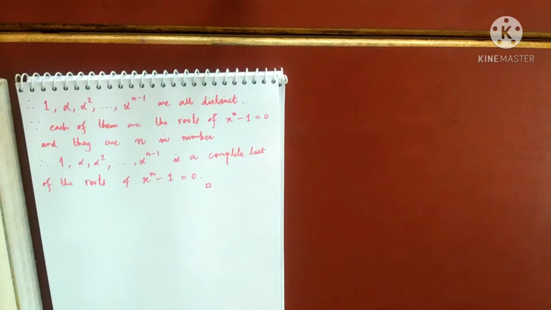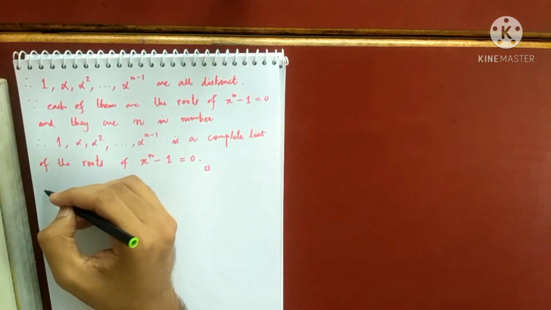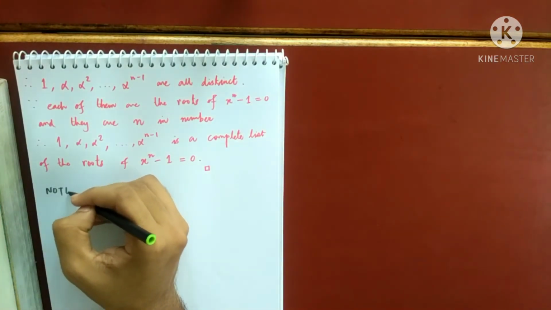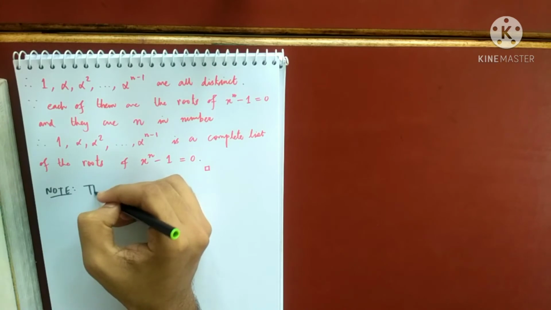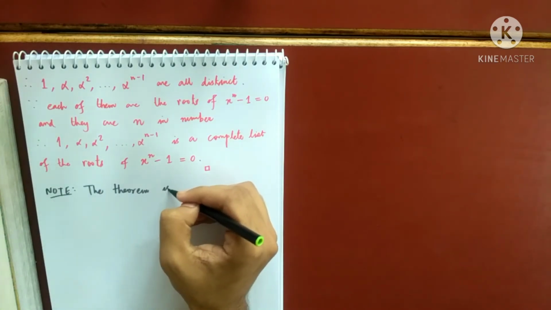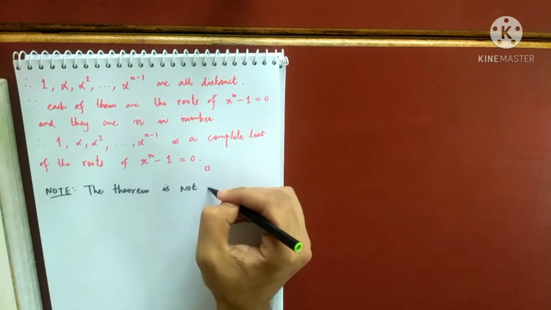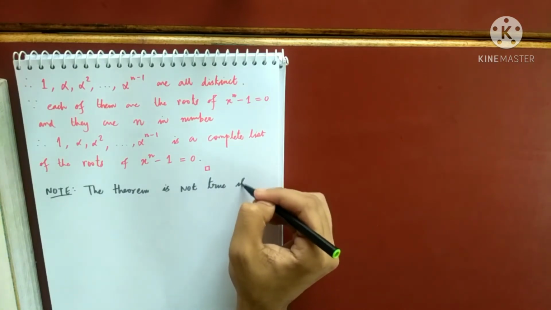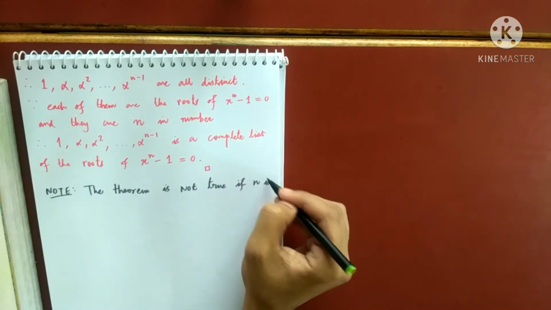So this will be essential while doing the sums. We'll see how a bit later. Now remember, the theorem is not true if n is a composite number.